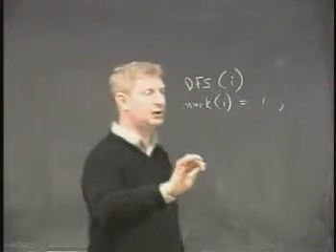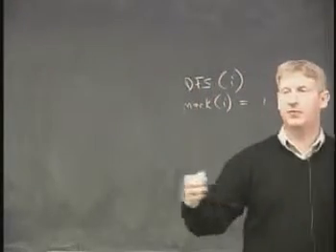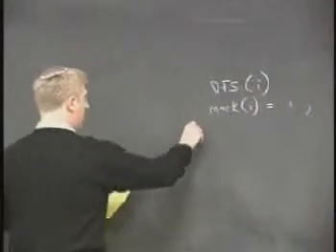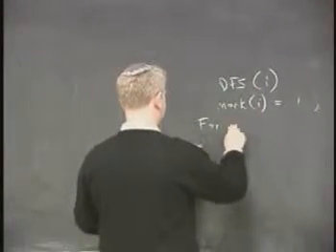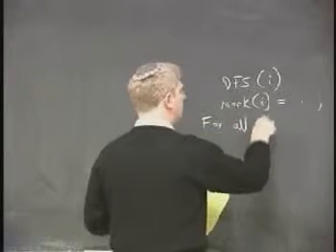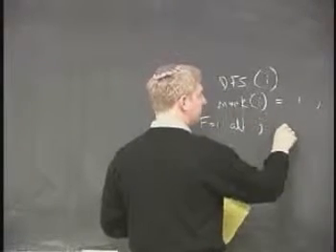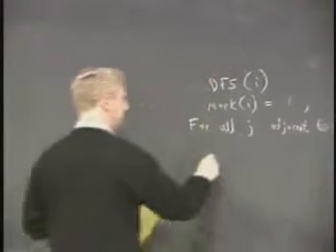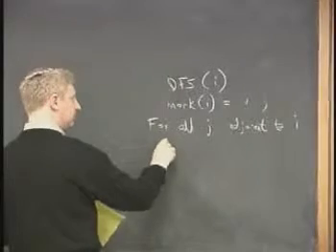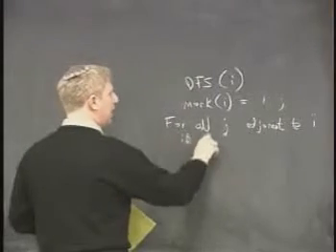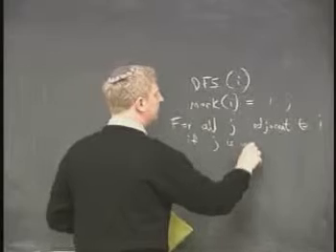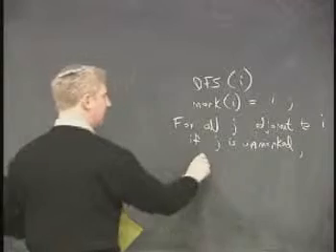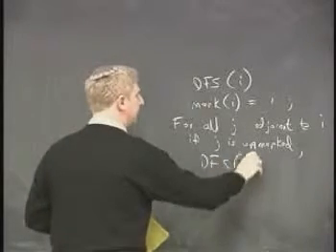It's very easy. It's 3 lines of code. We are now going to recursively call DepthFirst Search on all the children that are not yet marked. Okay? So for all j adjacent to i, if j is unmarked, that means if mark of j equals 0, if j is unmarked, do DepthFirst Search of j.